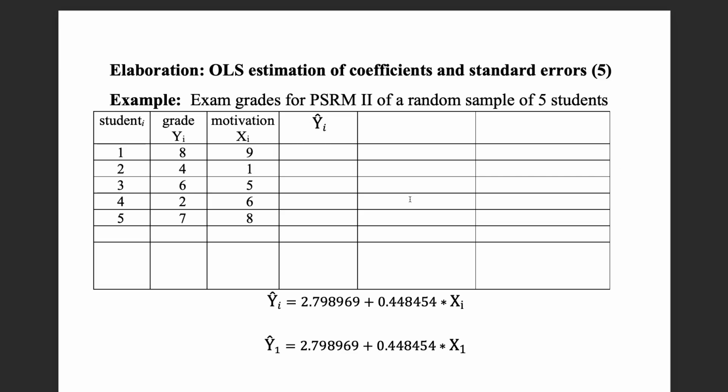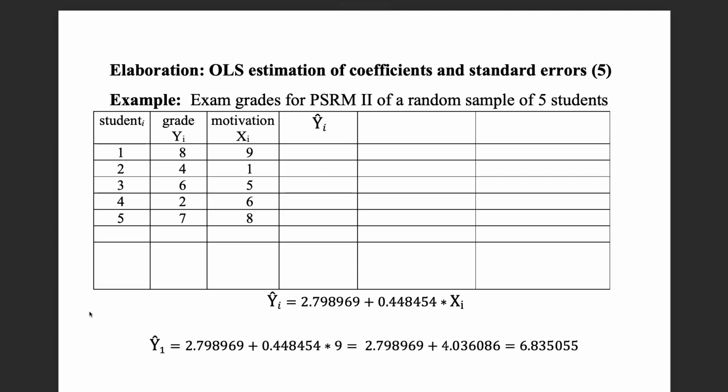It would be just filling in that formula for the first student. So it's 2.798969 plus 0.448454 multiplied by the value of x for our student 1. And we know what that value is supposed to be. It's supposed to be 9, because this is the observed level of motivation for the first student.